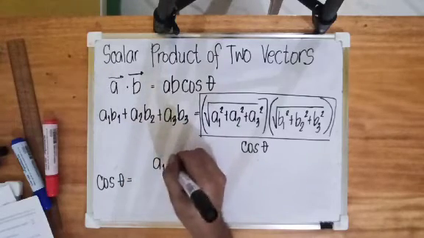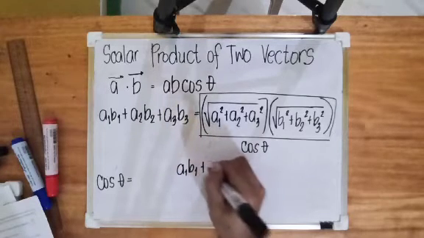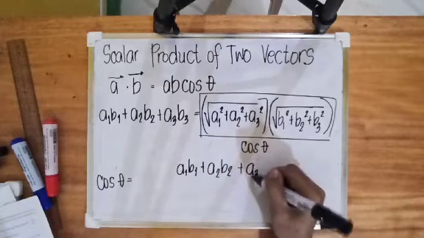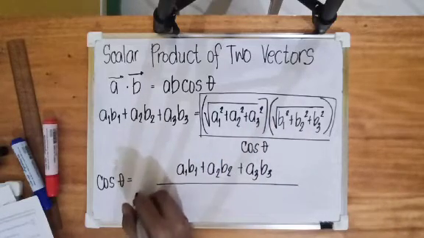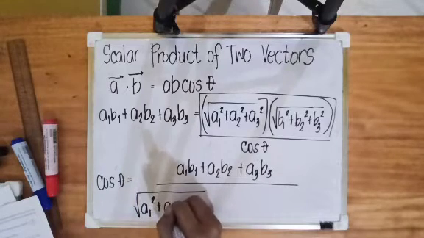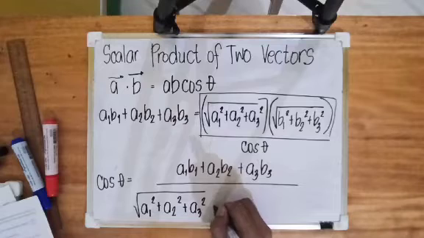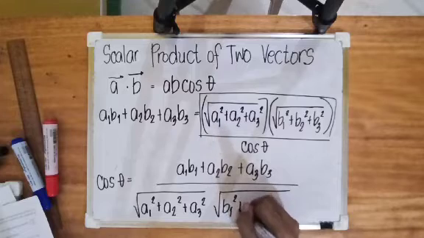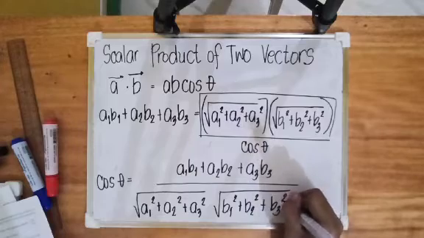So A1 B1 plus A2 B2 plus A3 B3 all over the magnitudes of the two vectors: the square root of A1 squared plus A2 squared plus A3 squared, times the square root of B1 squared plus B2 squared plus B3 squared.